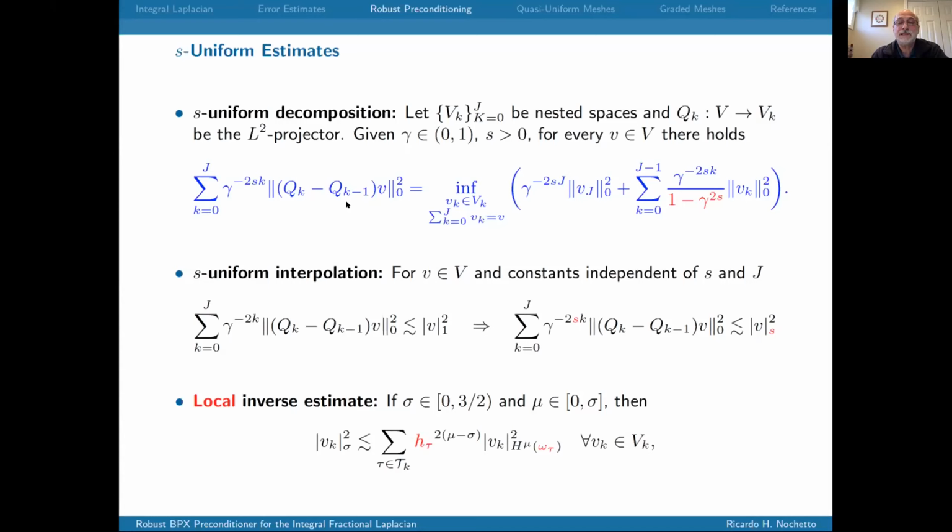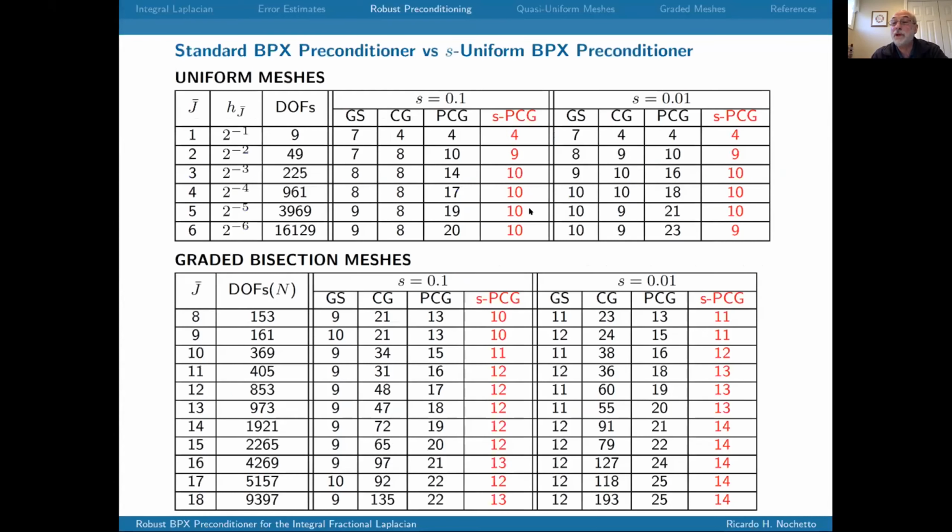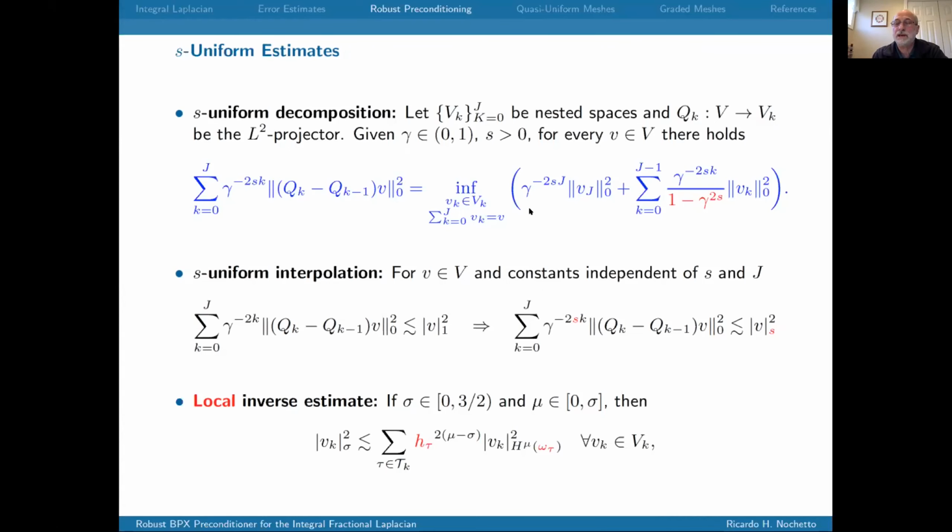So this scale norm, you see the S here, that is what we would expect for the fractional Laplacian, is equivalent to this infimum, which is what we know for the BPX preconditioner, except that there is a factor here in red. And I want you to pay attention to it. This factor is usually innocuous if S is away from 0, and we don't see it, we don't care. But if S goes to 0, then the exponent goes to 0 and the denominator goes to 0.